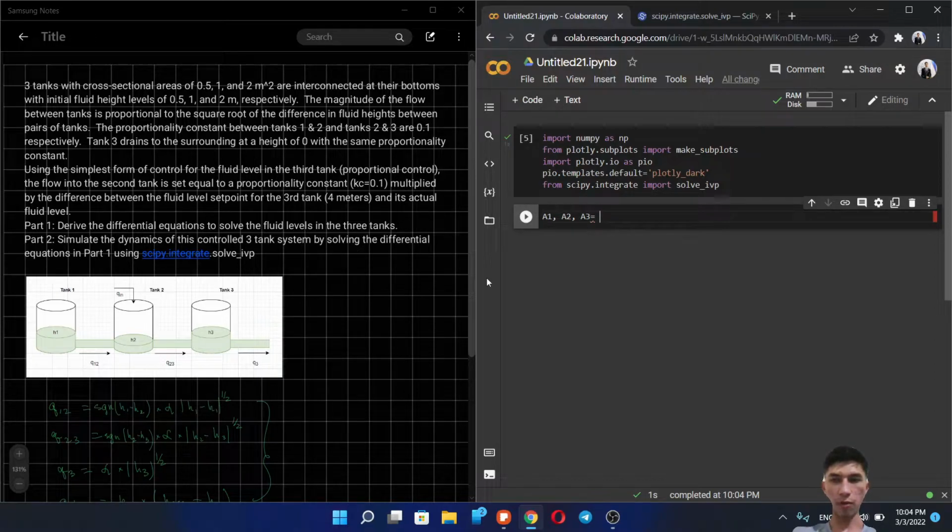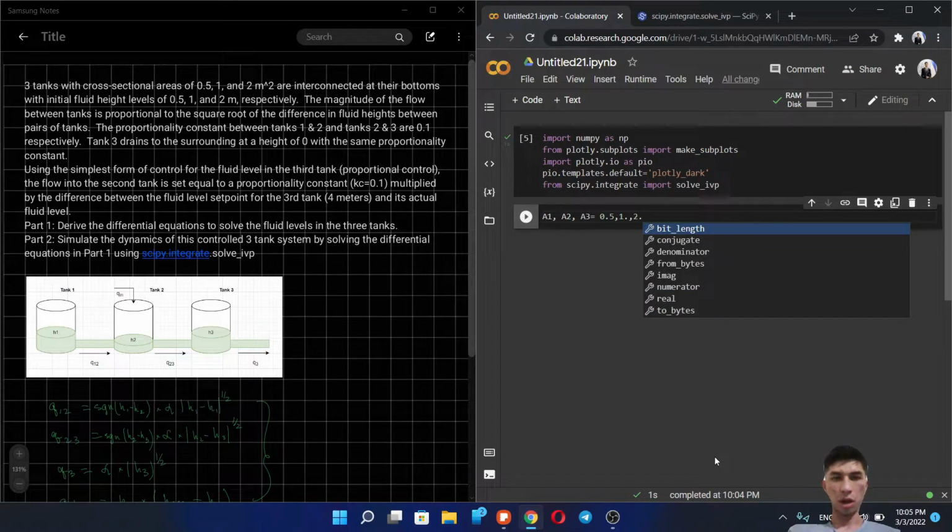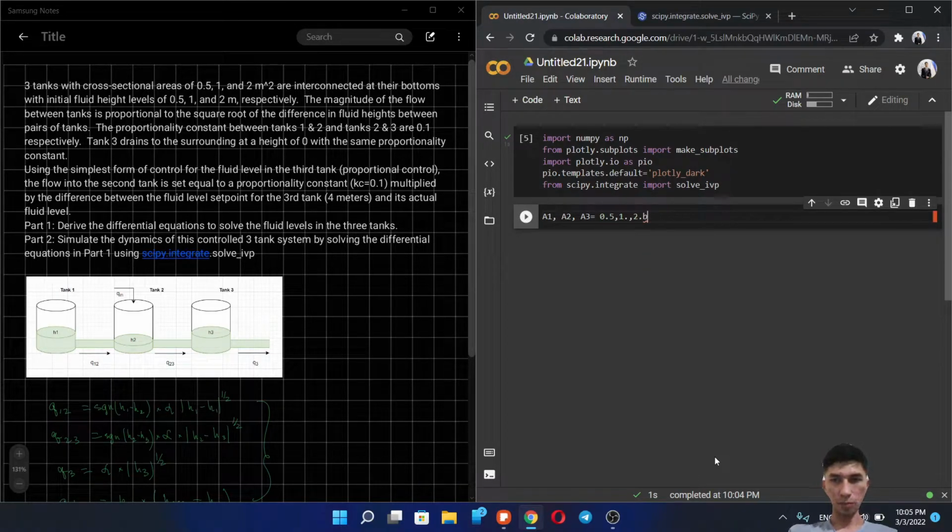So they're 0.5, 0.5, 1, and let's just make it 1 and 2.